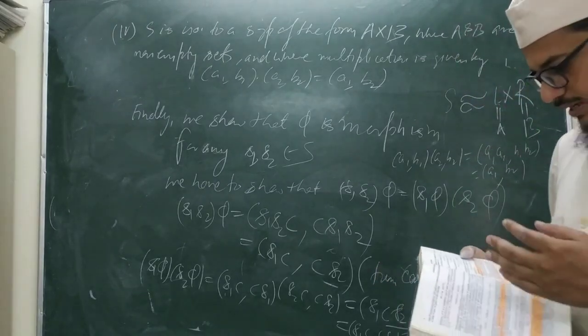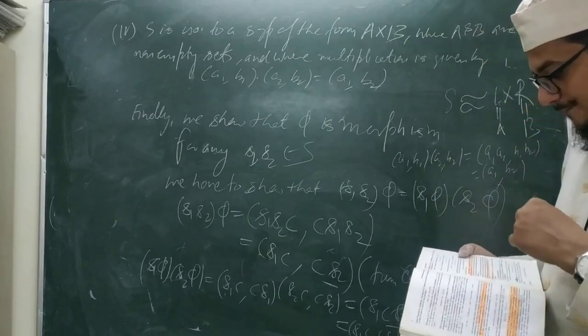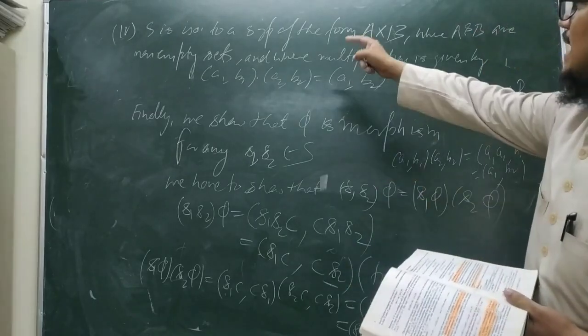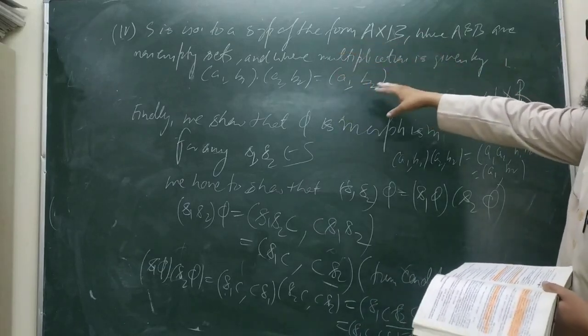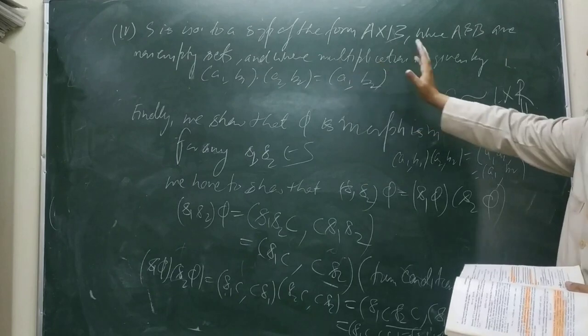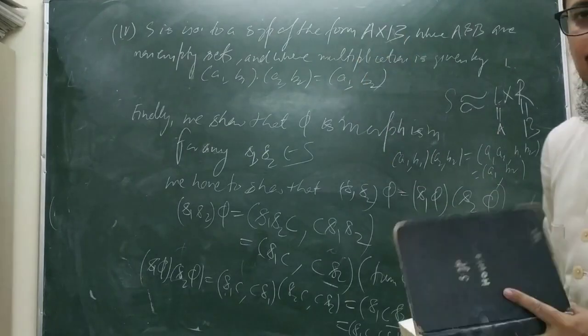In a similar way, now remaining is what? Last one, that is you have to prove fourth implies one. That is this. S is isomorphic to a semigroup of the form A cross B, where A and B are non-empty sets and where multiplication is defined like this. And now you have to prove that S is what? Rectangular band.